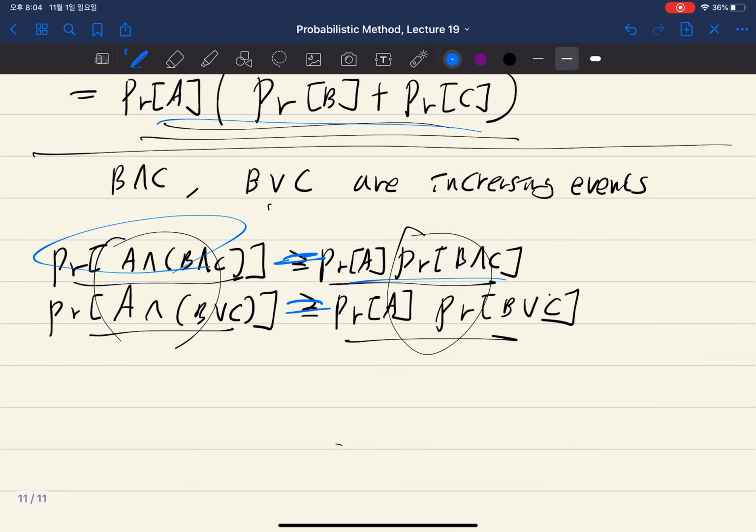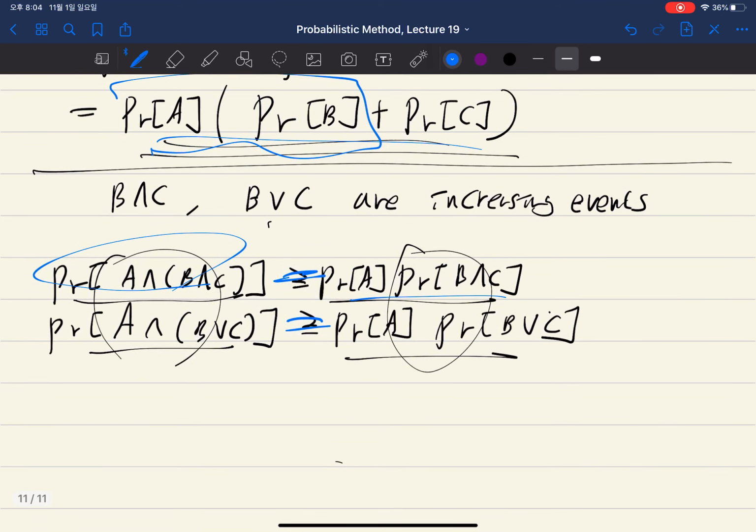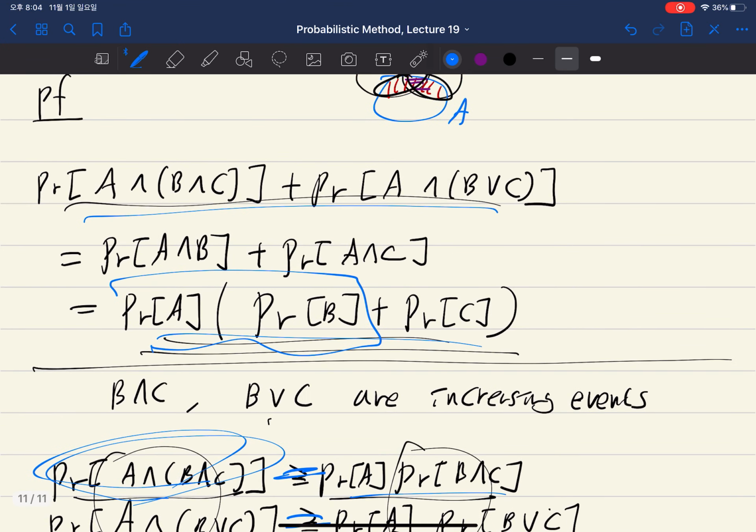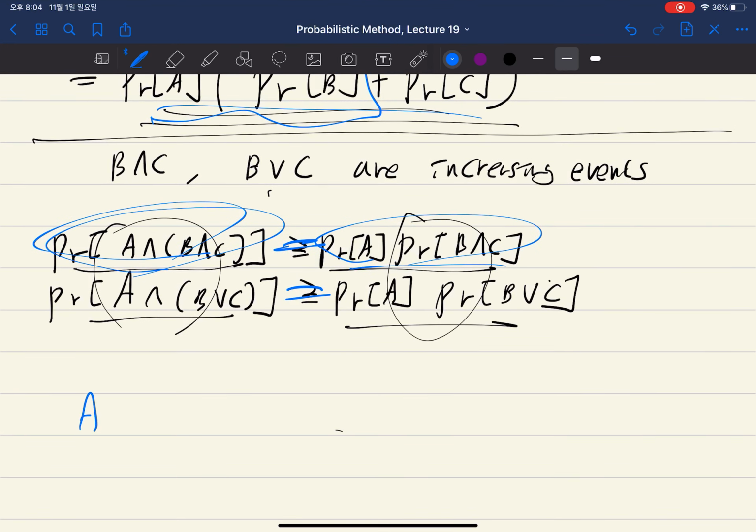So what do we know then? This is the same as this, meaning that A is independent of this joint event. So we are done.